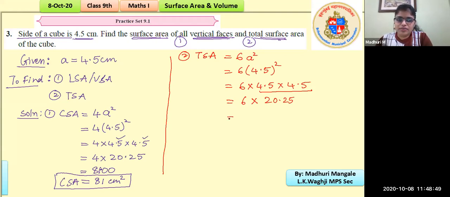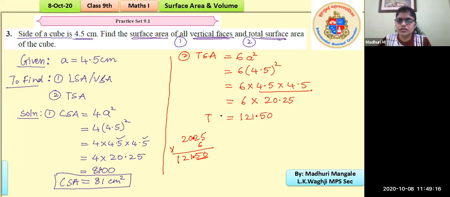So 4.5 squared will be 20.25, and multiplying this out, once again it would be like this: 2025 times 6. When you multiply, you would get 12150. And then the decimal point is after 2 digits. So you put the decimal point after 2 digits, that would give you 121.50.